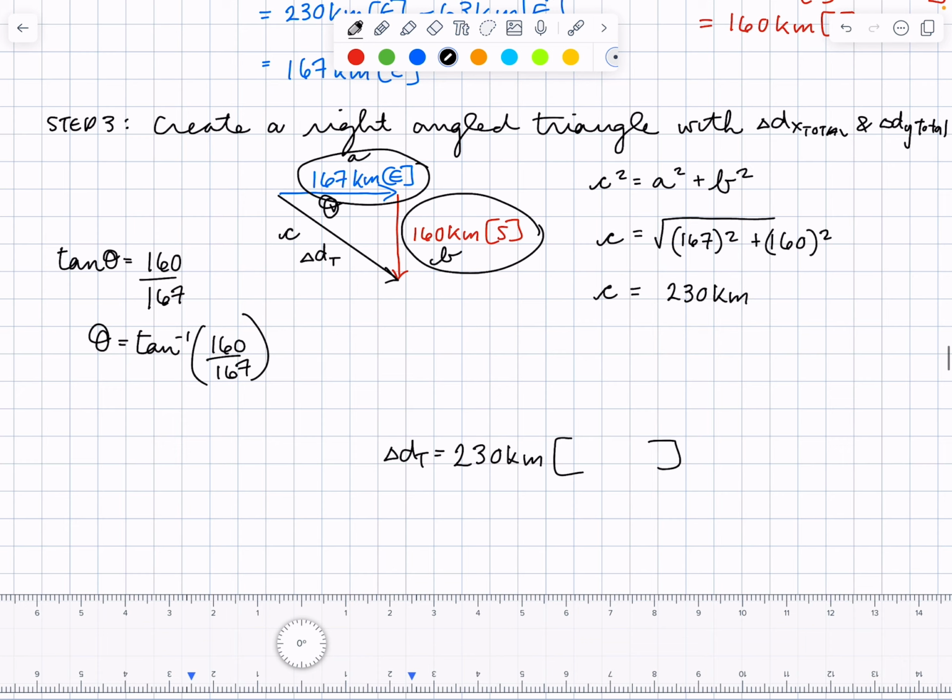If I compute this in my calculator, I end up with 44 degrees. Now this angle is 44 degrees from the east line, and it is 44 degrees south of east. So I'm going to write this as 44 degrees south of east, and this is our total displacement.